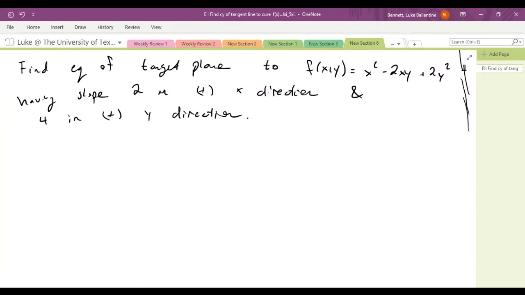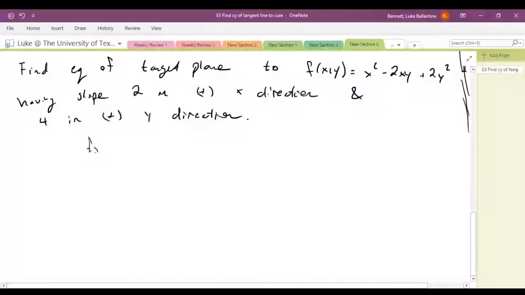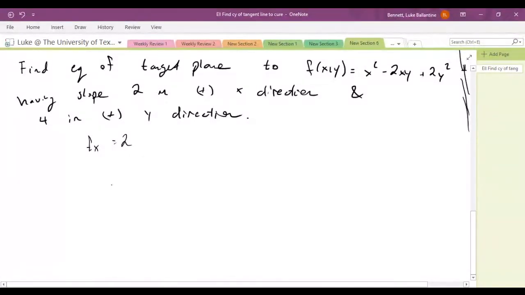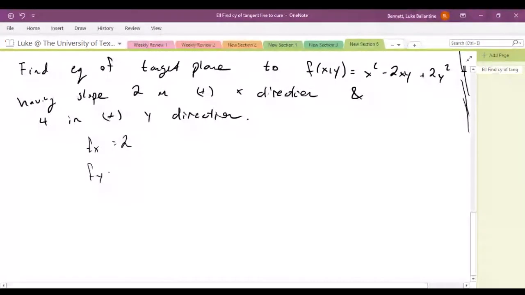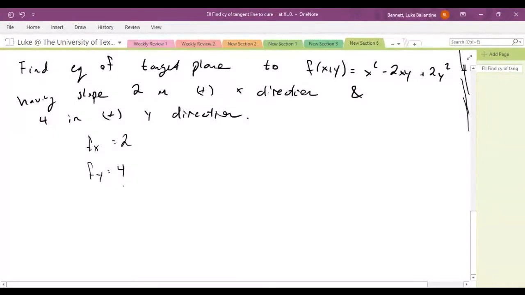This problem is telling us the value of the partial derivatives we need to have. So this is just saying we have f sub x equals 2 and f sub y equals 4. Well, what are we missing from our tangent plane formula?